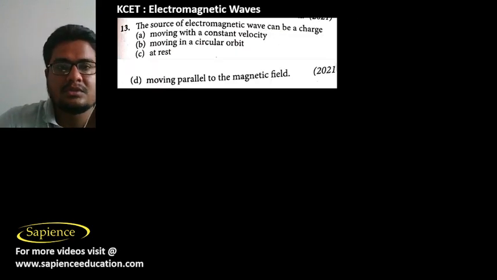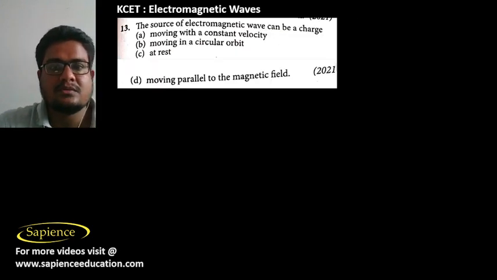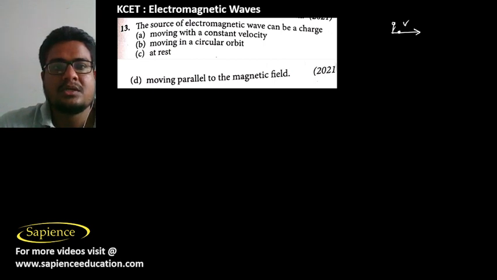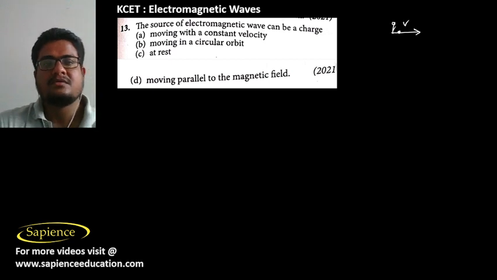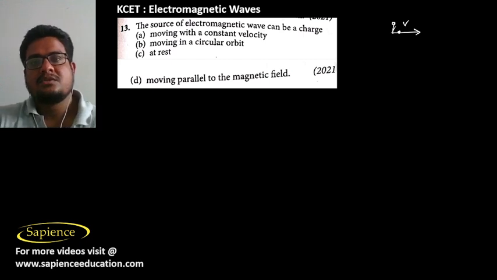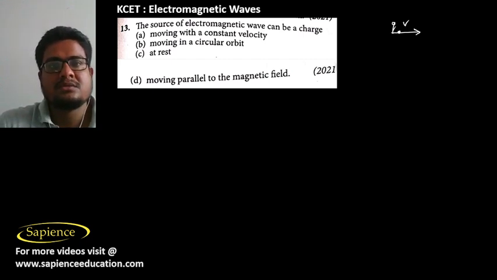Then in question number 13, it is told that the source of the electromagnetic waves can be a charge with a constant velocity, a charge moving in a circular orbit, or moving parallel to a magnetic field.